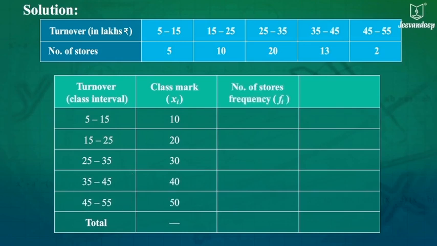In column 3, number of stores, that is, fi, of the given class intervals are written.